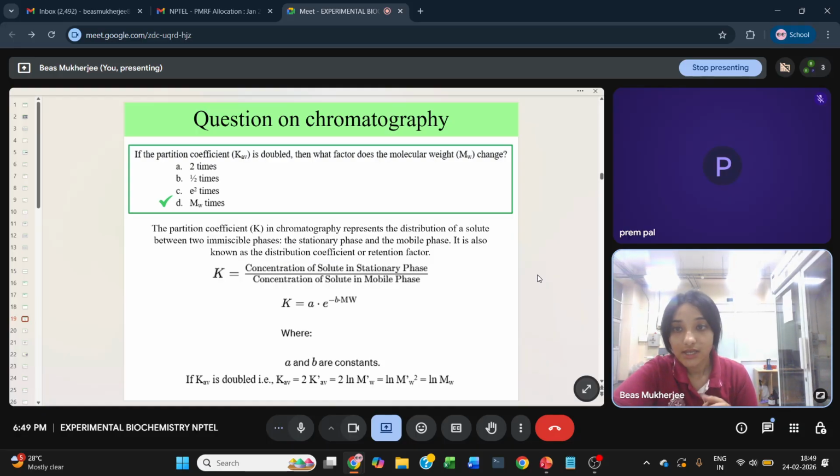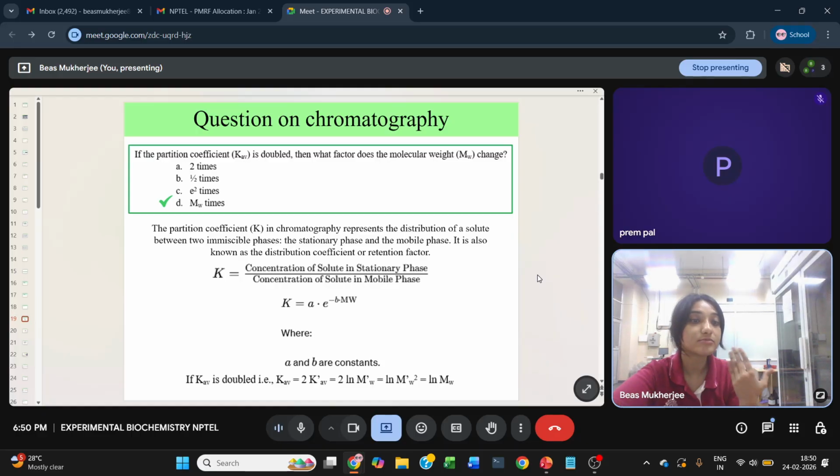So the partition coefficient in chromatography represents the distribution of a solute between two immiscible phases, the stationary phase and the mobile phase. It is also known as the distribution coefficient or retention factor. Now K is equal to concentration of solute in stationary phase divided by concentration of the solute in the mobile phase.